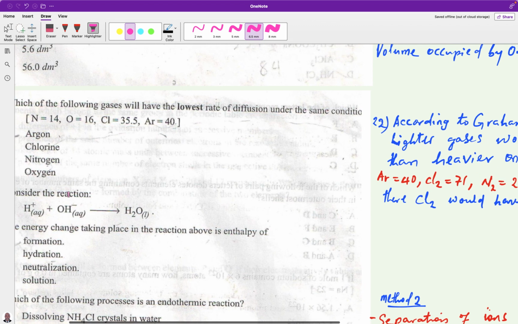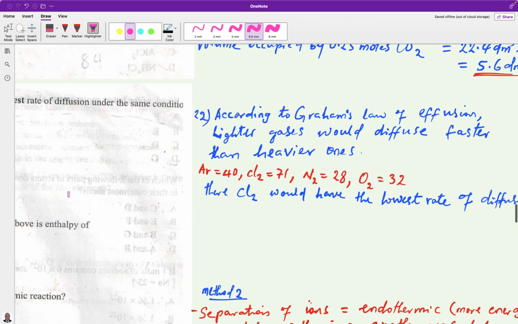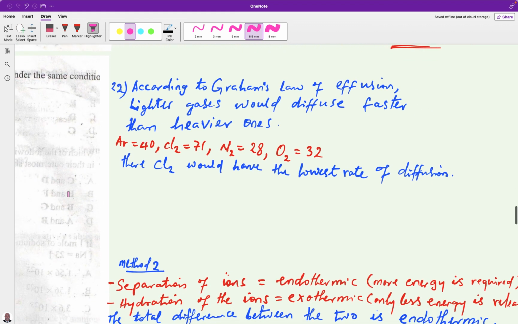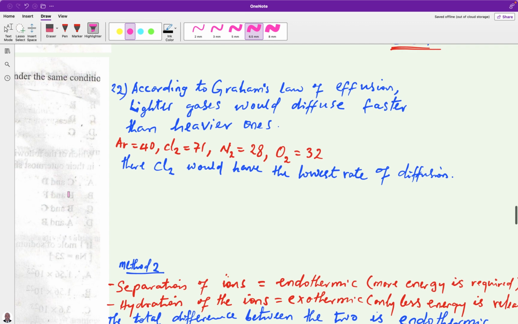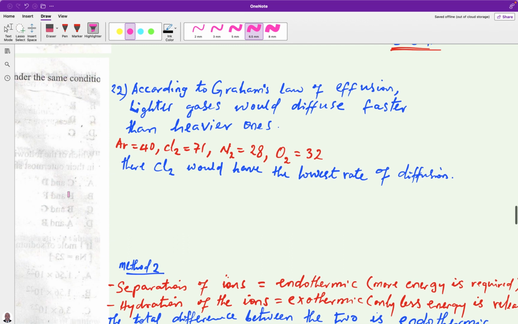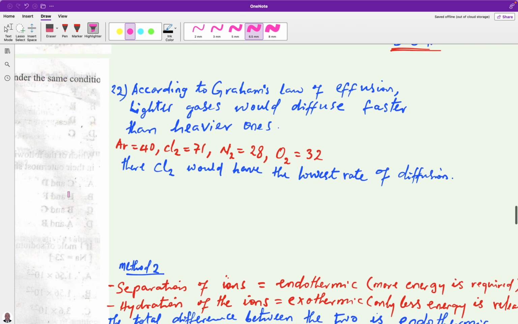Okay, taking into consideration some of our postulates, according to Graham's law of effusion, lighter gases would diffuse faster than heavier gases.